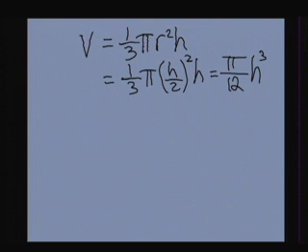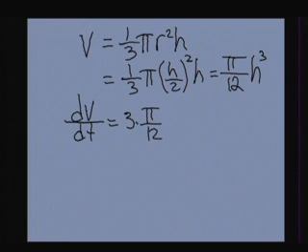So now what I'm going to do is take the derivative of the volume with respect to time. And that means I need to bring the 3 down in front. I'm going to multiply that times pi over 12. And then it's H squared, and then dH dt.